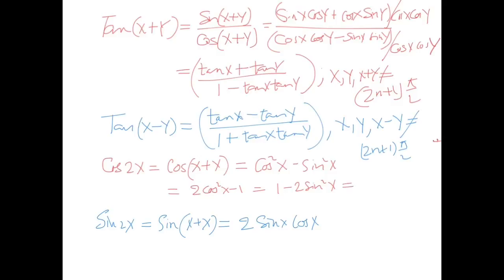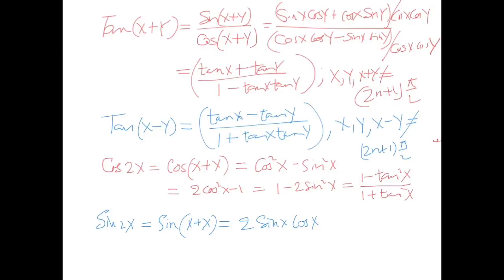In case of cos 2x, we have seen that already it is equal to cos squared x minus sin squared x, and if we divide and multiply it by cos squared x, we get in the numerator 1 minus tan squared x, that is by dividing cos squared x minus sin squared x by cos squared x, and the whole thing multiplied by cos squared x, which is the same as saying that we divide this whole thing by 1 by cos squared x, which is sec squared x, and we know that sec squared x is nothing but 1 plus tan squared x. So we can write this as 1 minus tan squared x divided by 1 plus tan squared x.